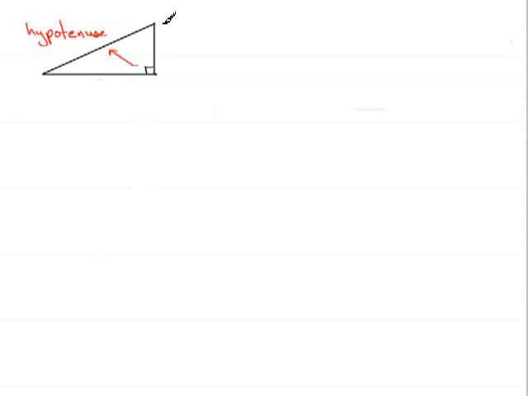And the hypotenuse is the longest side of a right angle triangle. You can see that this side is much longer than these two sides. So it seems appropriate to call these two sides here the two shorter sides. So we'll just write those in as the shorter sides.